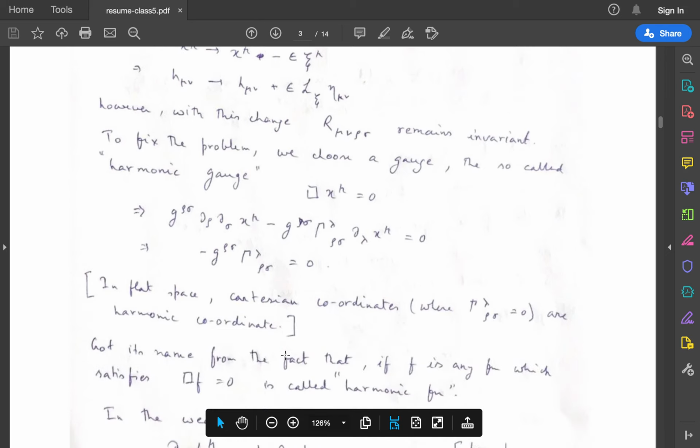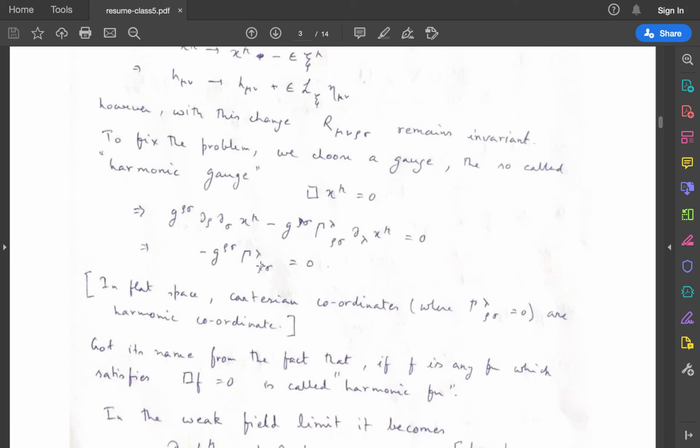You remember that in flat space, in Cartesian coordinates, these gammas are all 0. So the Cartesian coordinate is already a harmonic coordinate, and we do not need anything. However, even in flat space, you remember that in polar coordinates the gammas are not 0. So polar coordinates are not harmonic coordinates, whereas Cartesian coordinates are in flat space.